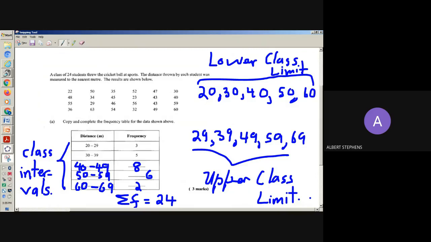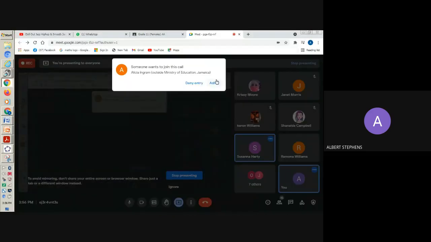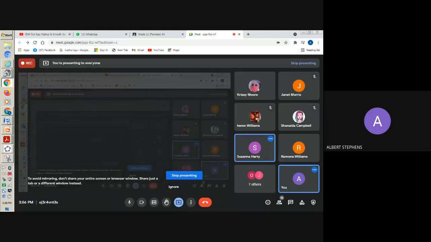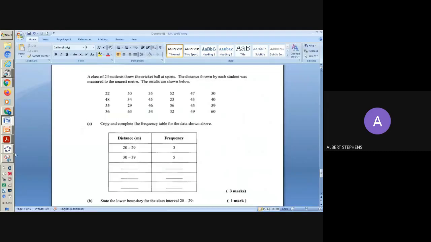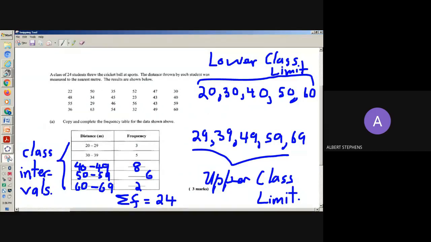All right, so let me tell you, these tables can ask you a lot of questions. We're not going to start drawing the graph yet, because there's so much to learn. Hope you guys are jotting down these notes.